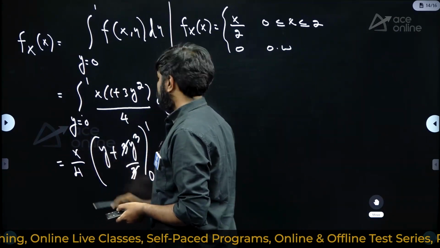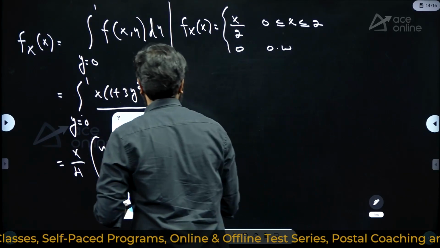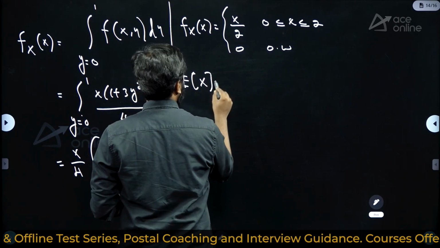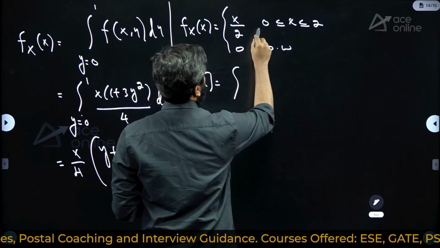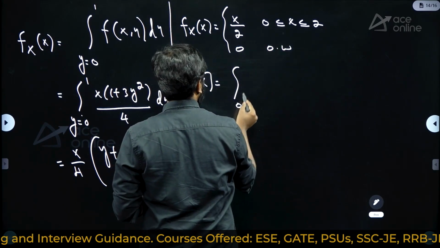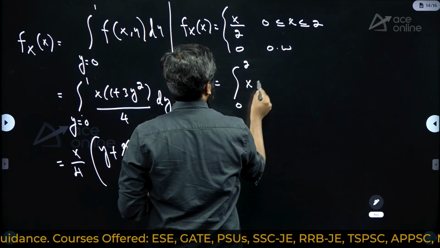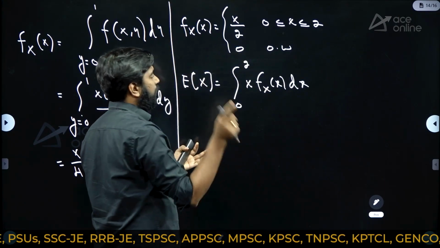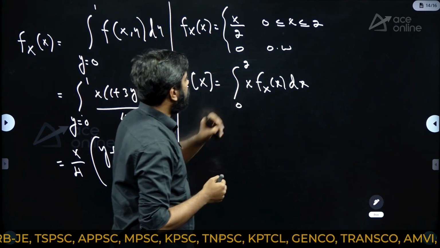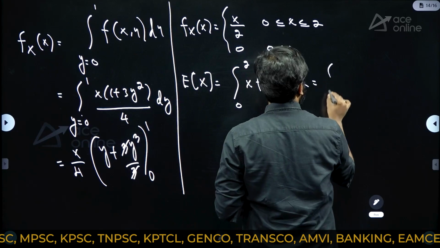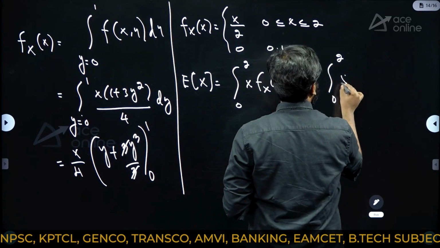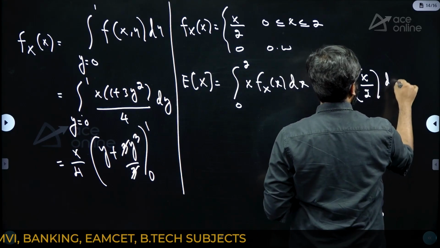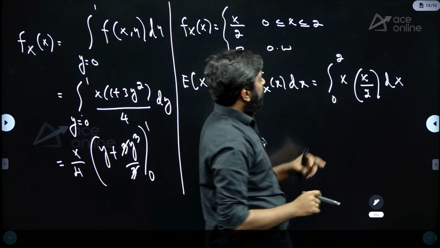If you have the marginal density function, you can also find the mean. How do you find the mean? The mean of x is the integration over all the values of x. Since x is only from 0 to 2, you write 0 to 2, x f_X of x. You all know the mean is the integration of x f of x dx. You need to substitute the marginal density function here. So it's 0 to 2, x into x by 2, dx. x into x is x square.